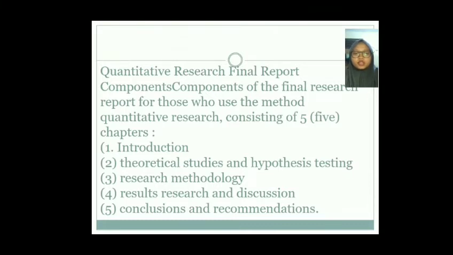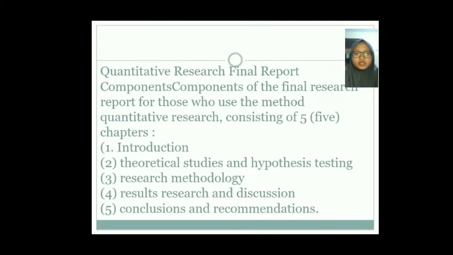Theoretical studies and hypotheses. This section describes the theoretical study and hypothesis testing. Research methodology. The research method contains a description of the method, time and place, population and sample, data collecting technique, and data analysis technique.